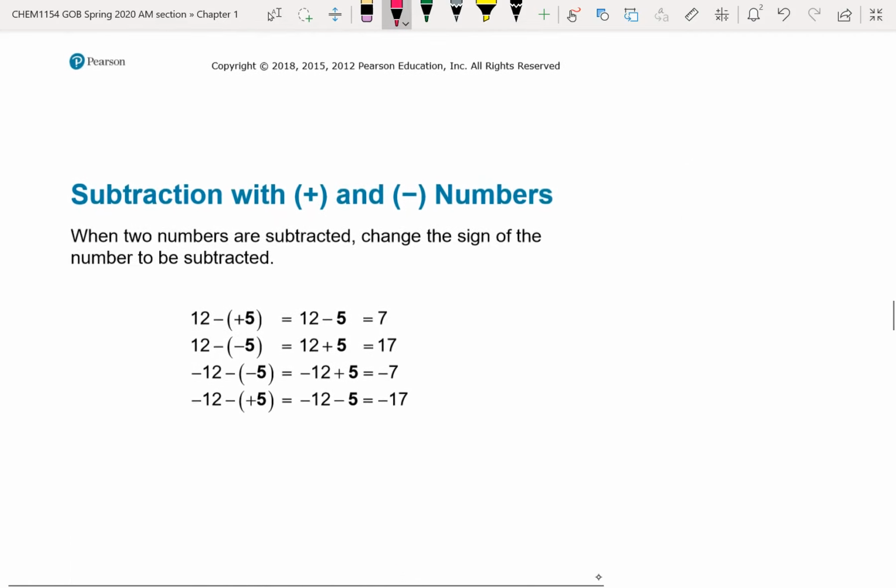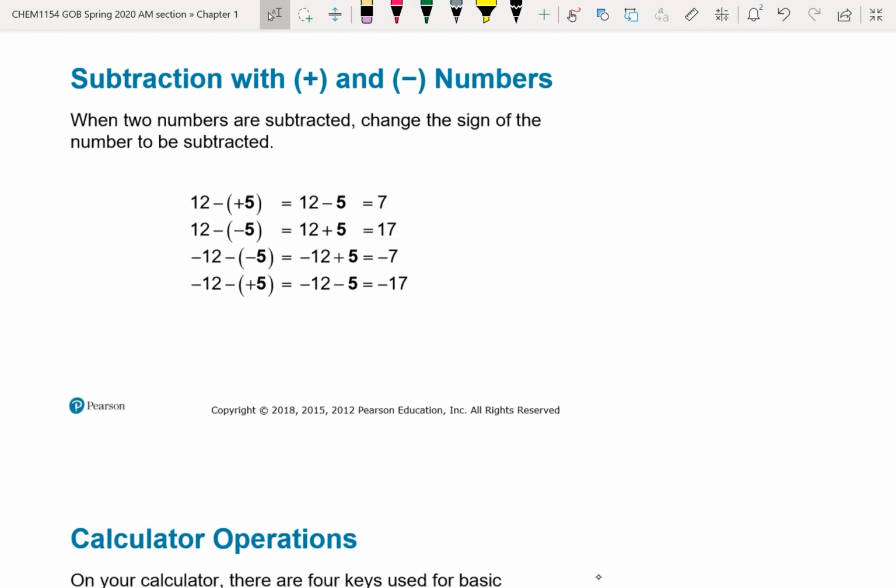If we go into subtraction, when we have two numbers that are subtracted, we change the sign of the number to be subtracted. So for instance, 12 minus positive 5 is the same as saying 12 minus 5. If we have 12 minus minus 5, those two become a positive sign.